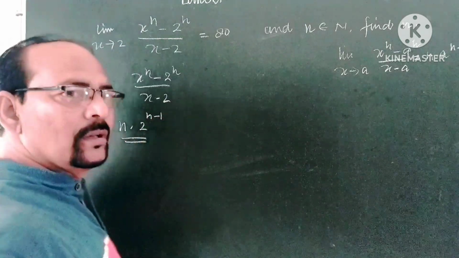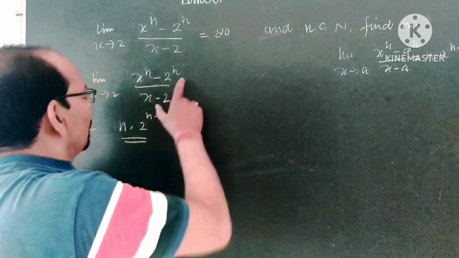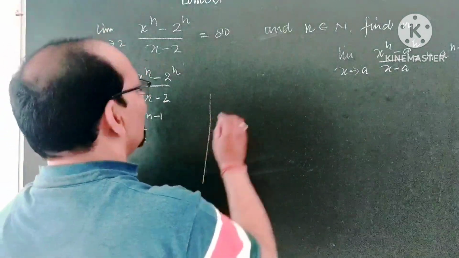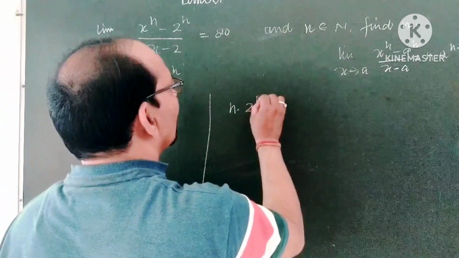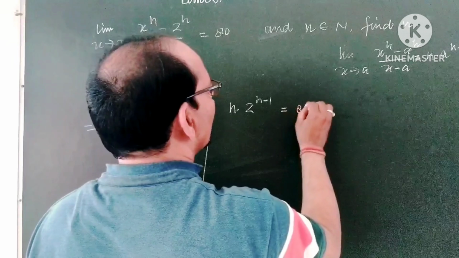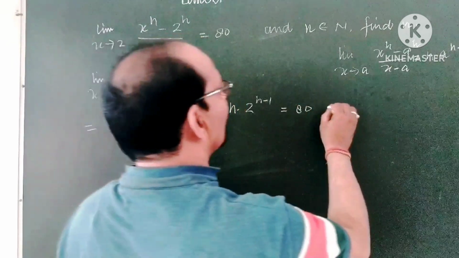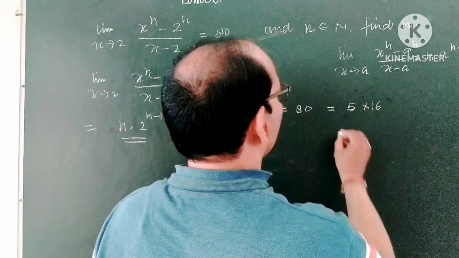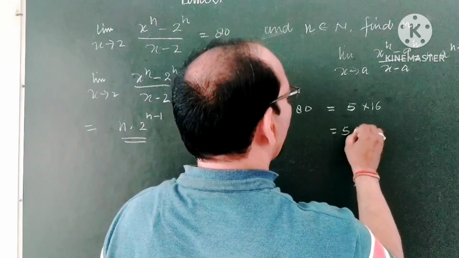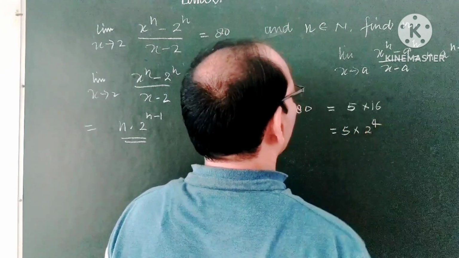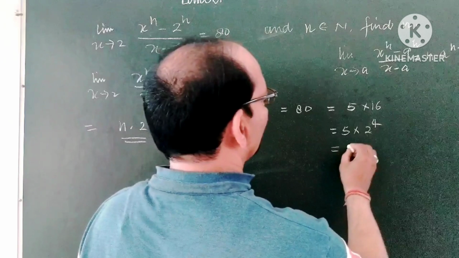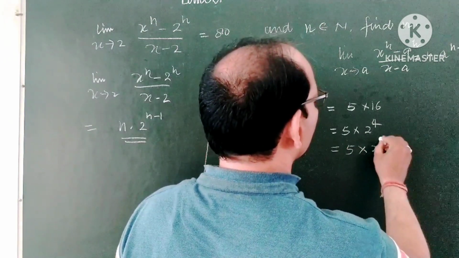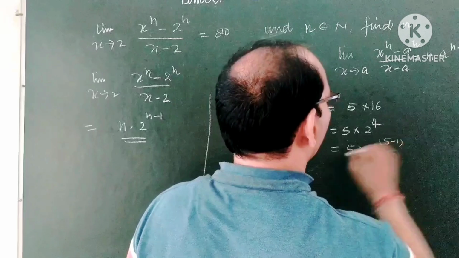Therefore, this is your limit from this condition, and this limit is equal to 80. Therefore, we write 5 into 16, which is also 2 raised to 4, and therefore it is also 2 raised to 5 minus 1.